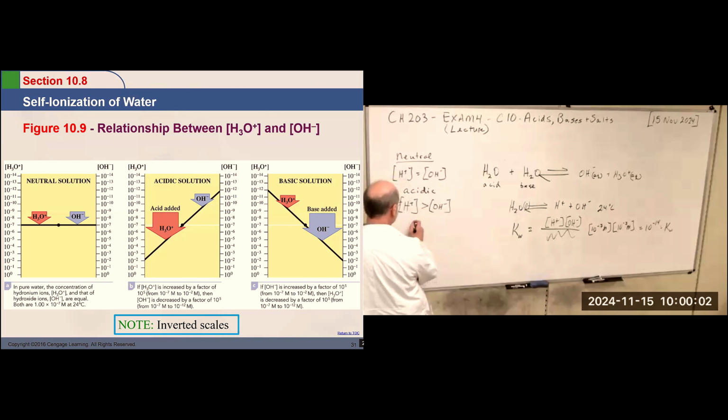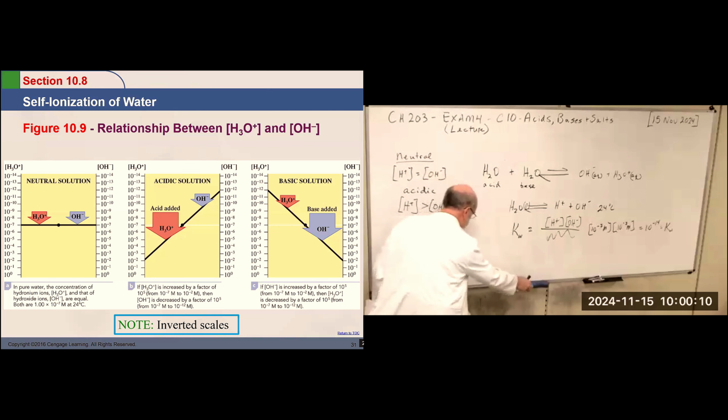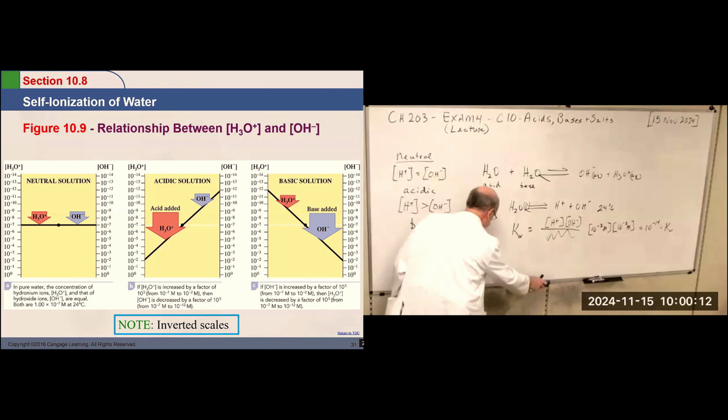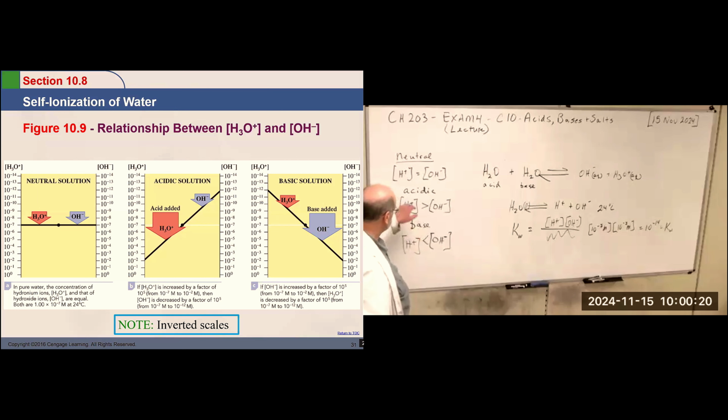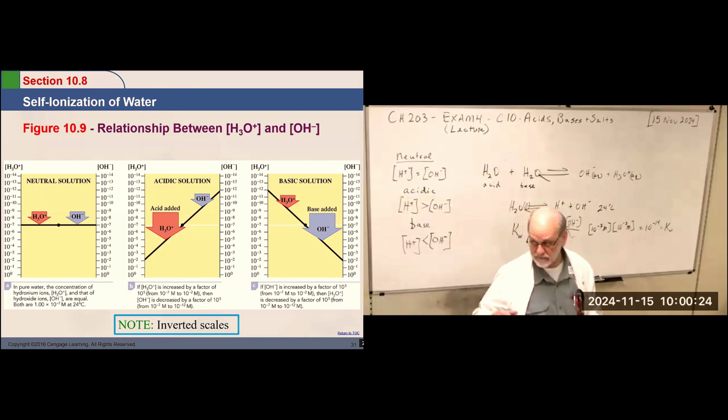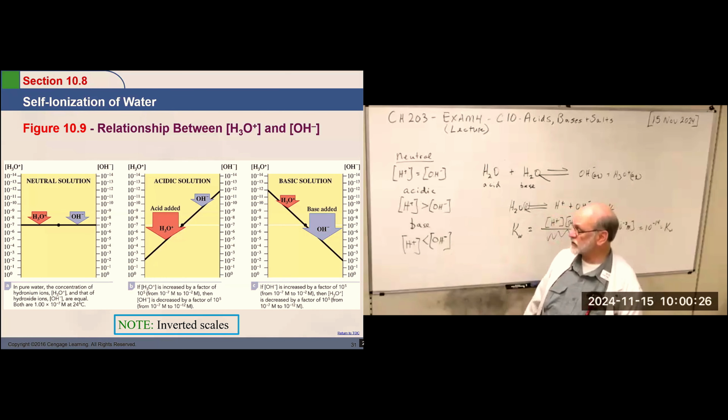And if we put sodium hydroxide in there instead, then we would have hydroxyl ion concentrations greater than hydrogen ion concentrations. And again, these are hydroniums. That's what that description is trying to show.